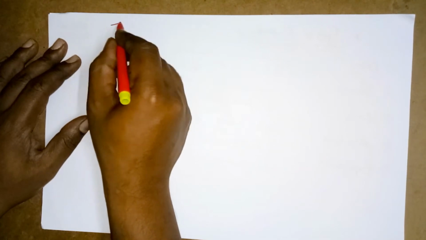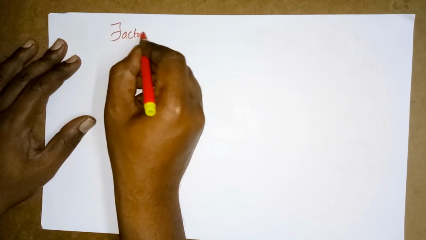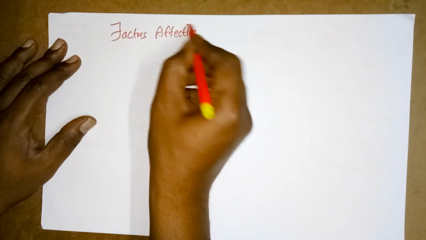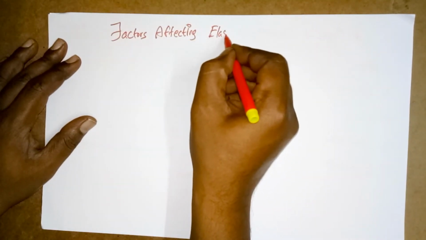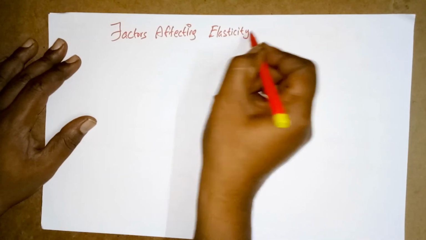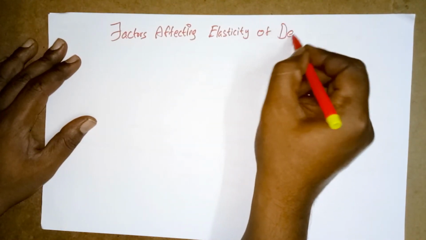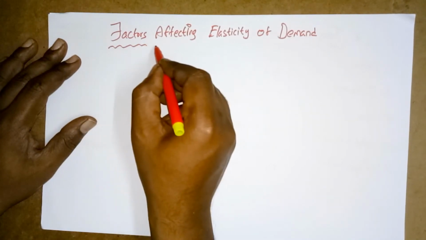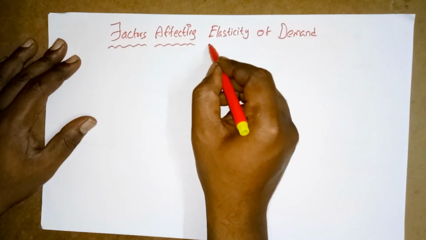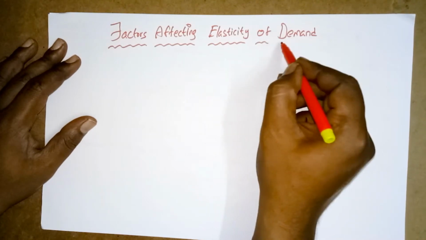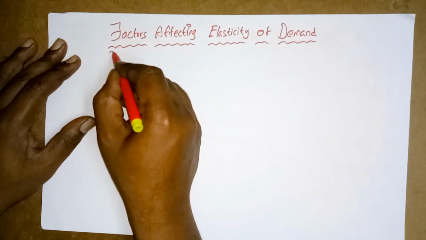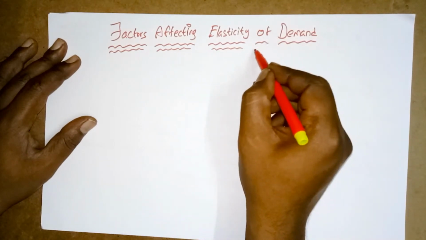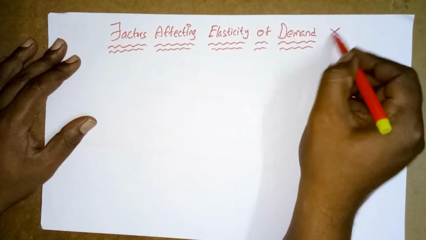I'll write here: factors affecting elasticity of demand. This is a theory question, so now we will see how to give the answer. The question is the factors affecting the elasticity of demand.